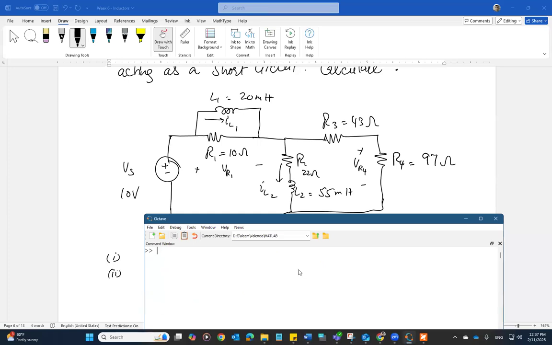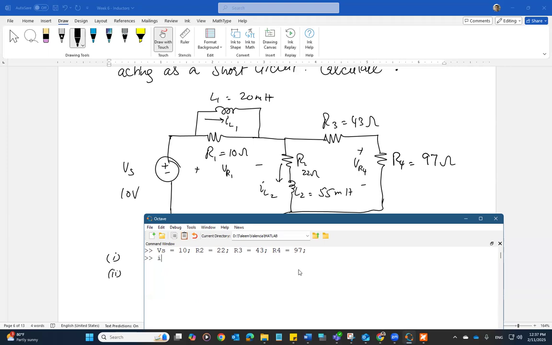Here Vs is 10. I'm not going to put R1 since we are not using R1. R2 is 22, R3 is 43, R4 is 97.